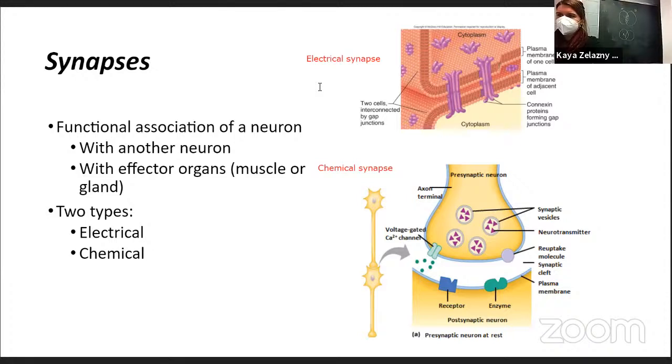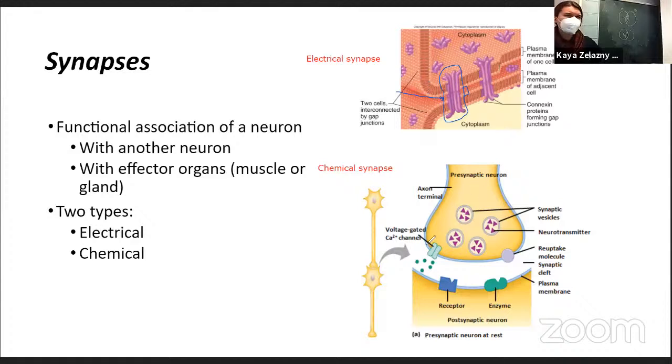So what I want you to note, some differences here, we are going to zoom in on each of them. In our electrical synapse, we see that we really don't have space between the cells. So there's no space here. Our membranes are pretty much pressed up against each other. Electrical synapses are connected by gap junctions. That's why we're not going to have the same steps that we have in the chemical synapse, because gap junctions basically just form a tube between our two neurons.